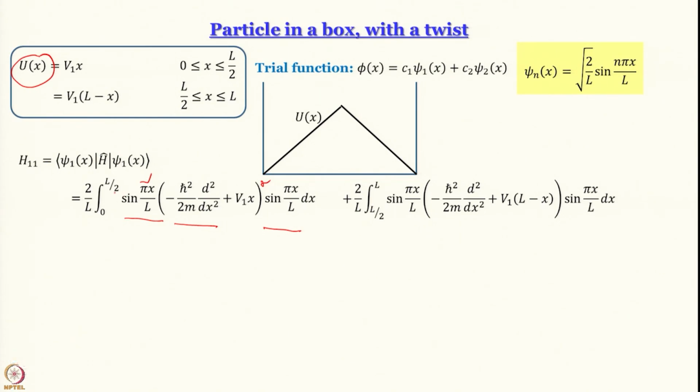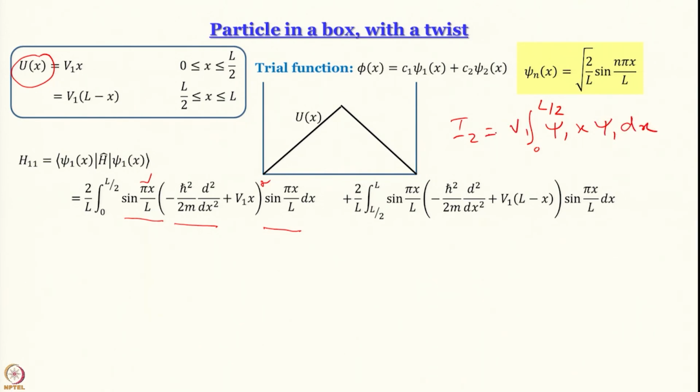I take root over 2 by L sin pi x by L and multiply it by V1 of x, then again sin pi x by L. Will you agree that I will call it I2, and I2 will be equal to the integral from 0 to L by 2 of psi 1 multiplied by x multiplied by psi 1 dx, and V1 will come out, is not it?